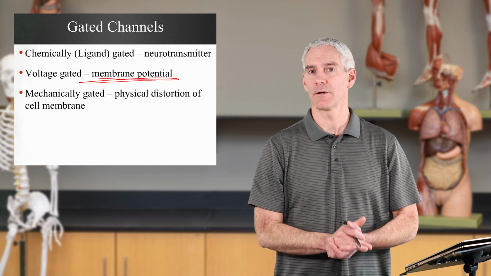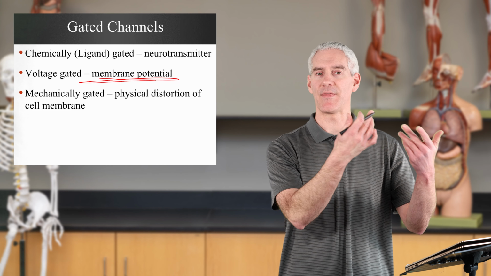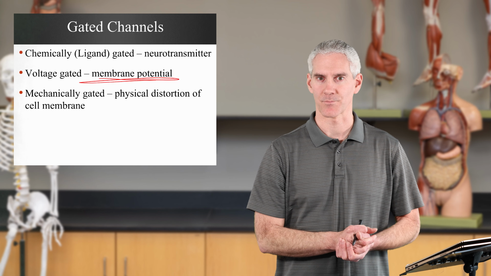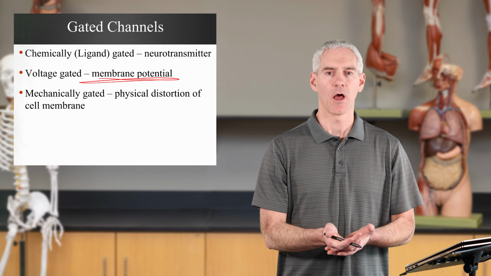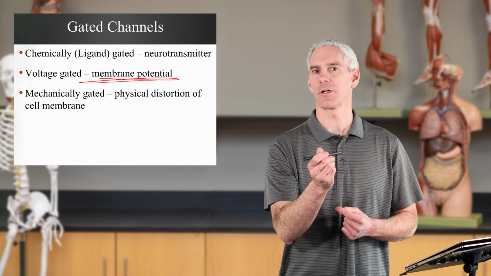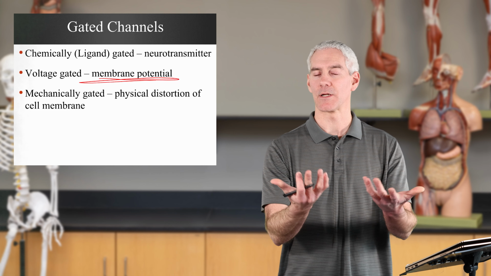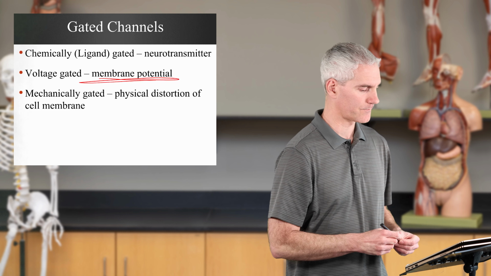It can work the other way around too. Maybe you're at positive 30, and that might be the trigger to open up a particular voltage regulated channel. So these voltage regulated channels open based on a particular preset difference. Whenever the membrane around it reaches a certain voltage, that's when they react by opening.